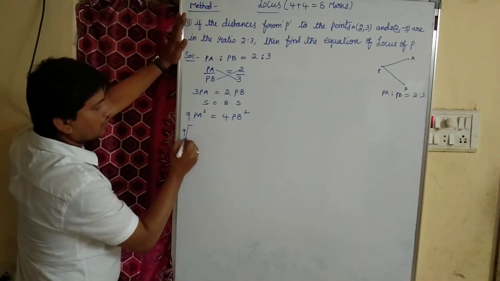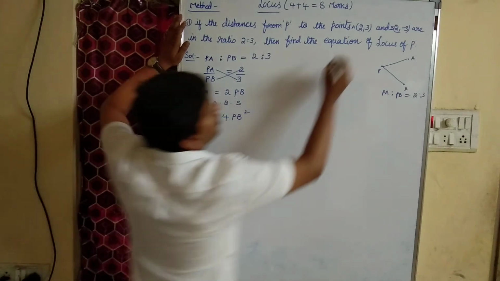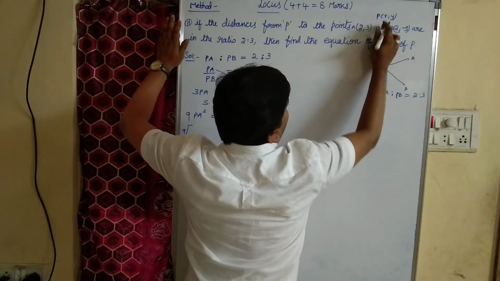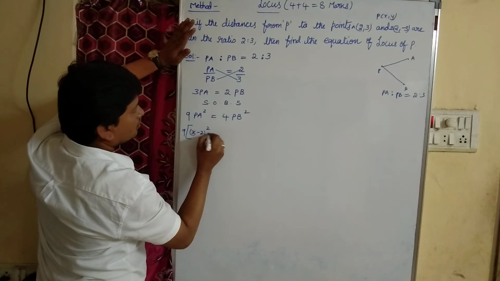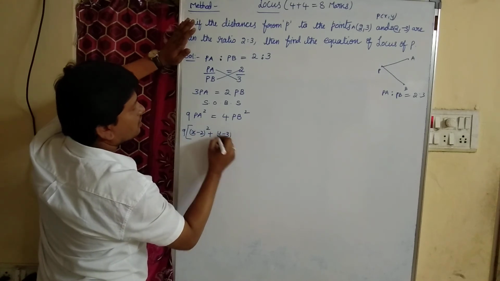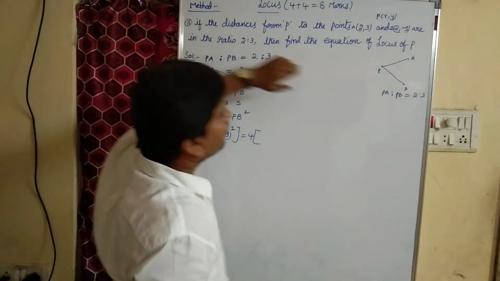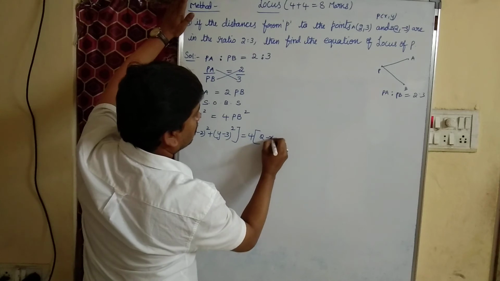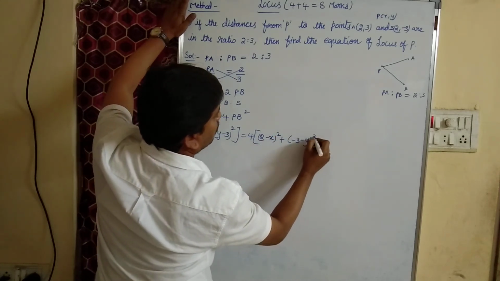So 9 into distance between P and A. P is (x, y). P and A: (x minus 2) whole square plus (y minus 3) whole square equal to 4 into PB: (2 minus x) whole square plus (minus 3 minus y) whole square.